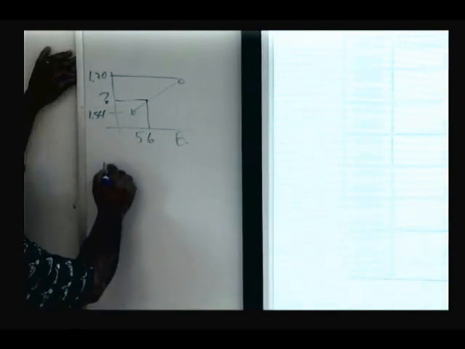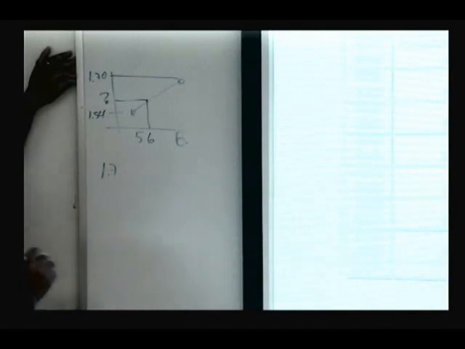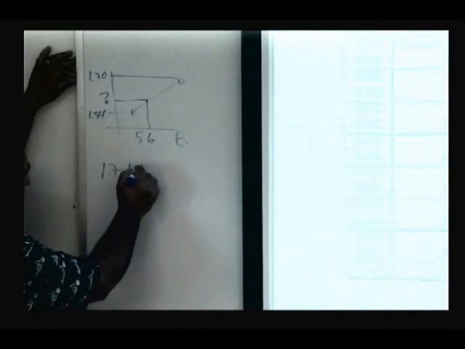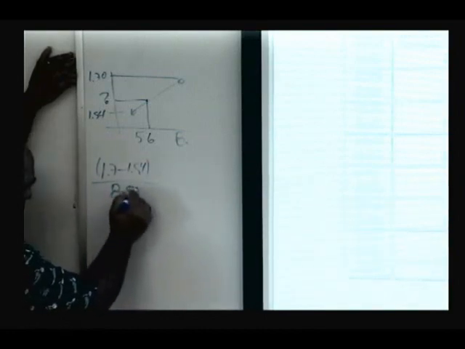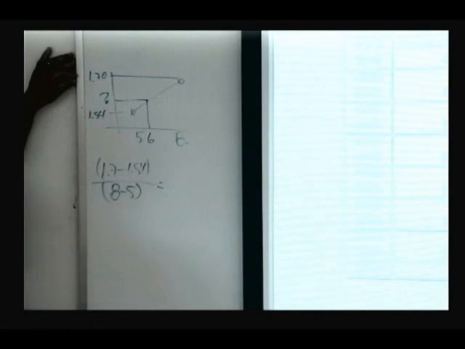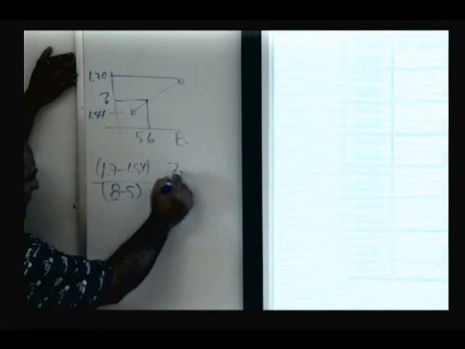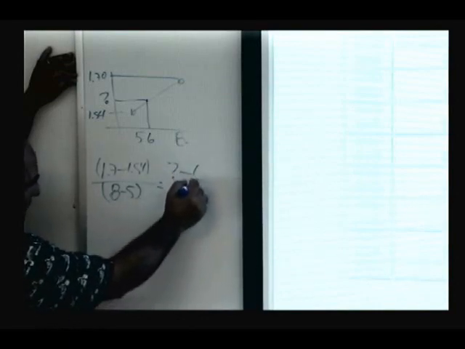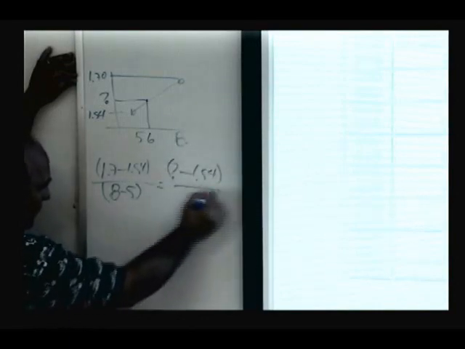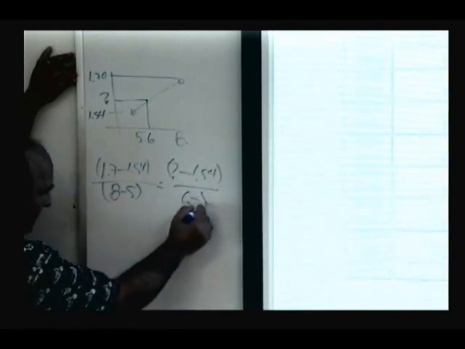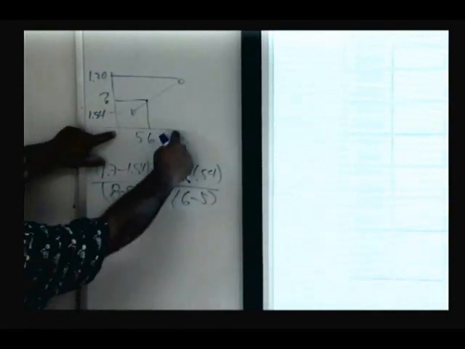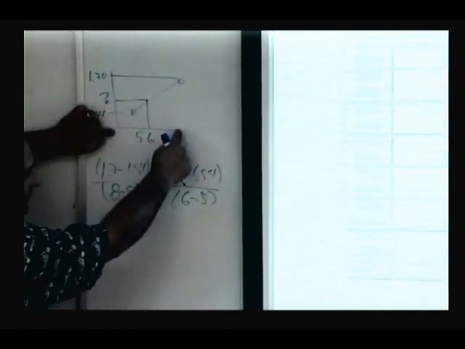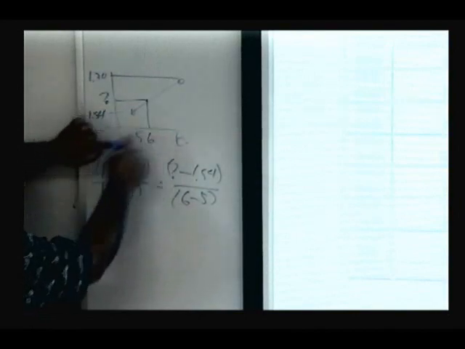Very good. 1.7 minus 1.54, over 8 minus 5. This has to be equal to my unknown minus 1.54 over 6 minus 5. Excellent. So the big segment is to the big segment as the small segment is to the small segment.